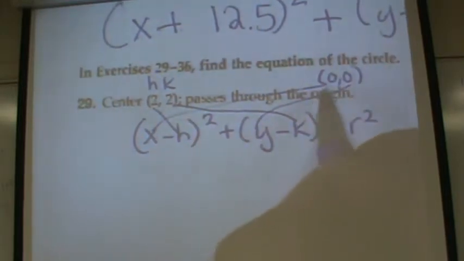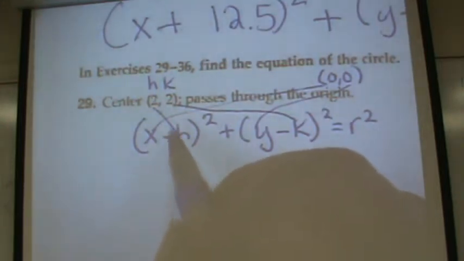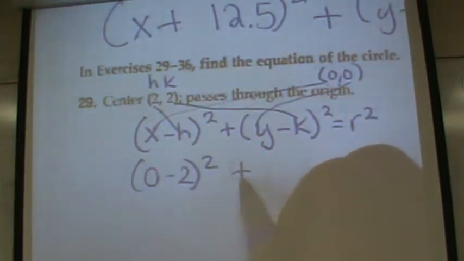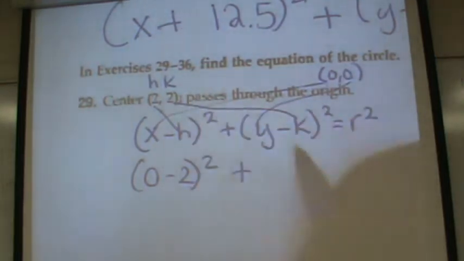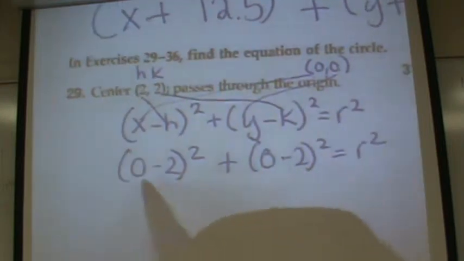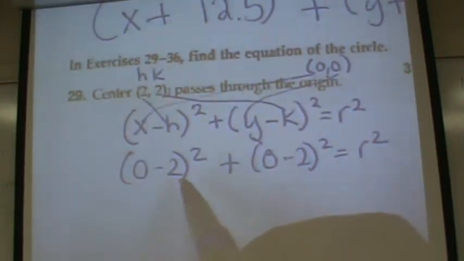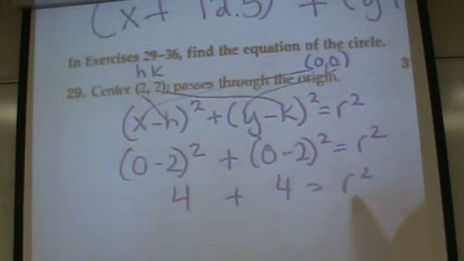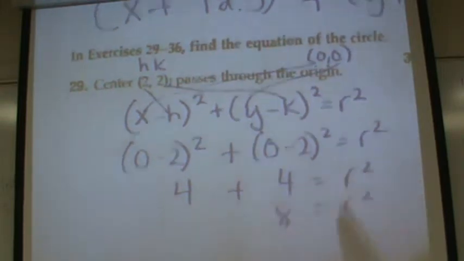So let's put everything together. 0 minus 2 squared plus 0 minus 2 squared equals the radius squared. Well, what is 0 minus 2? Negative 2 squared is 4. You get 4 here, you get 4 here. What's the radius squared? It's 8.